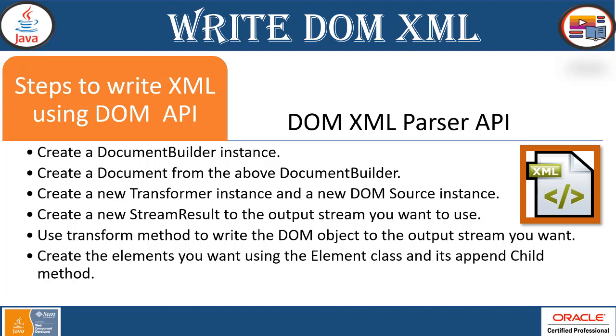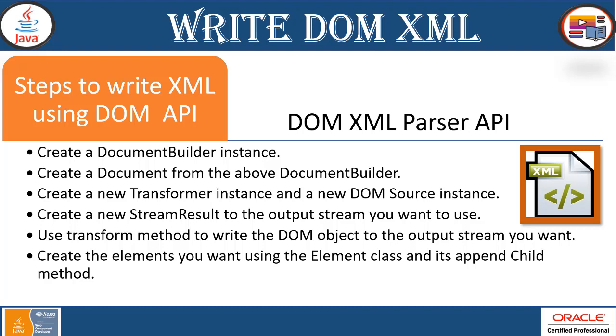Stream result basically contains the data which is going to be written into the XML. Use the transform method to write the document object model object to the output stream you want. In case you want to display it in the console, the content in your XML is going to use the output stream in your stream result.